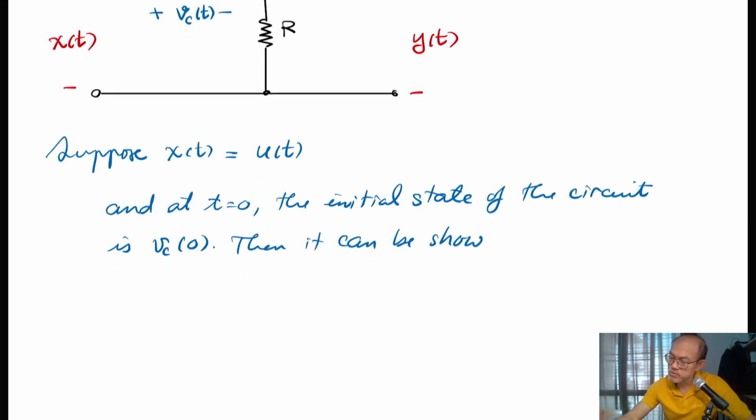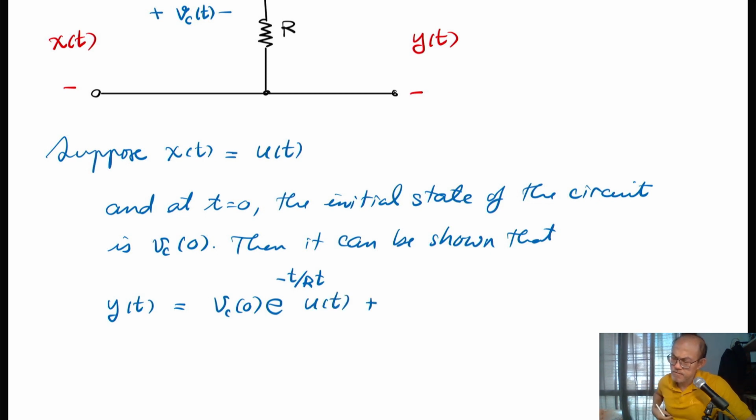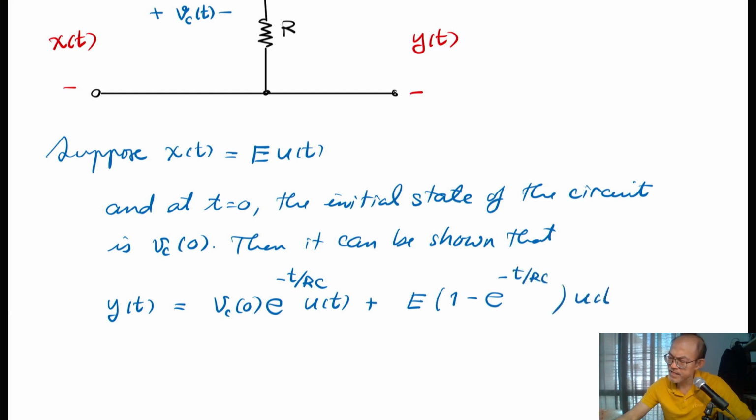Then it can be shown that the output y is Vc of 0 e to the minus t over RC u of t plus 1 minus e to the minus t over RC u of t.